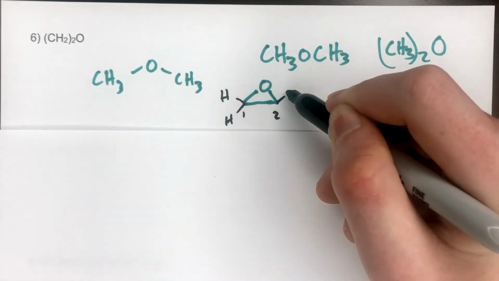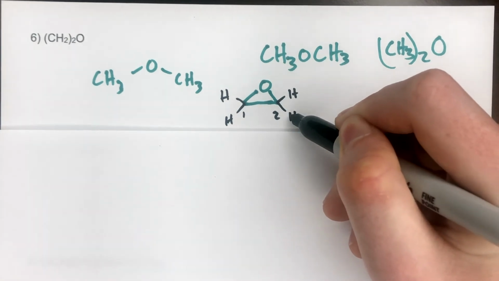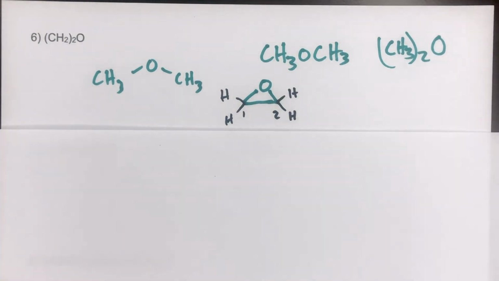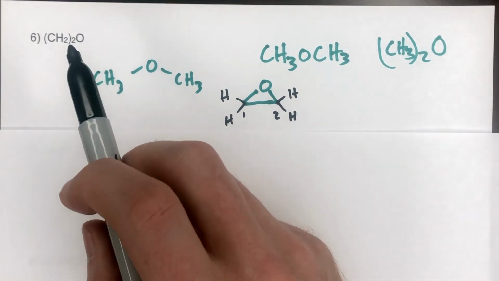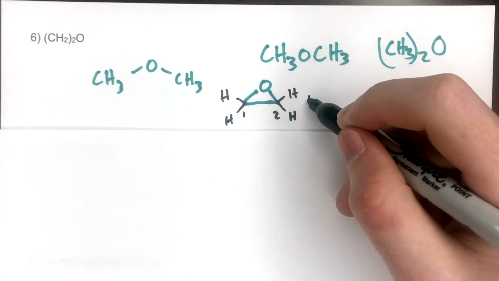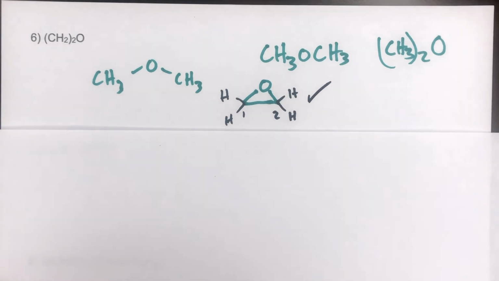Carbon 2 is a CH2 group. So this gives us the correct formula now, because we have a CH2, there's 2 of them bound to the oxygen, so this is the correct answer. So you kind of have to play around with this one. It's very difficult to represent rings in condensed formulas, so that takes a little bit of extra practice.